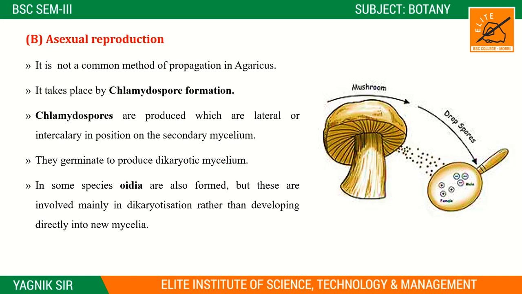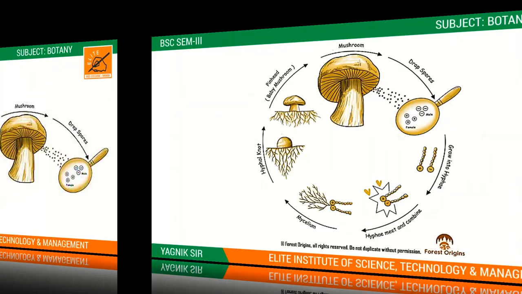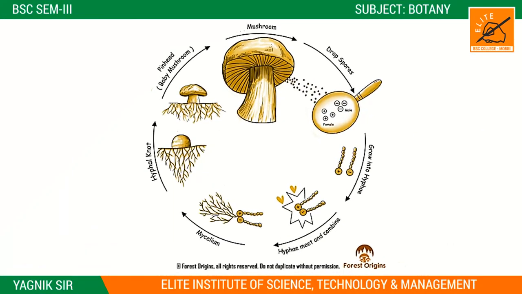Dikaryote means two nuclei are present, and the name of this process is dikaryotization, right? તો એમાંથી નવું mycelium બને. So these are the properly life cycles about asexual reproduction.